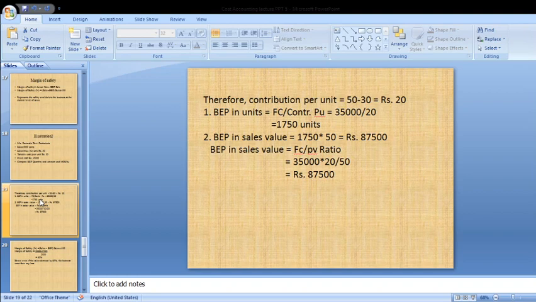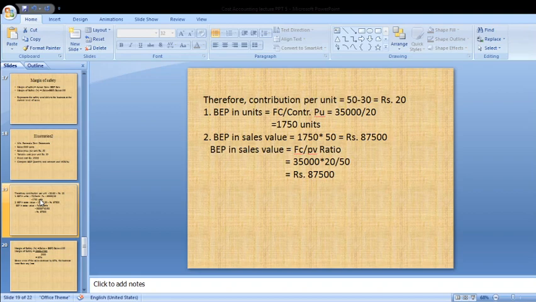So, how much is PV ratio? 50 minus 30, 20 is the contribution, divided by sales, so 20 by 50. So, 40% is the PV ratio. Now, if you divide fixed cost by 40%, you will get break-even amount.